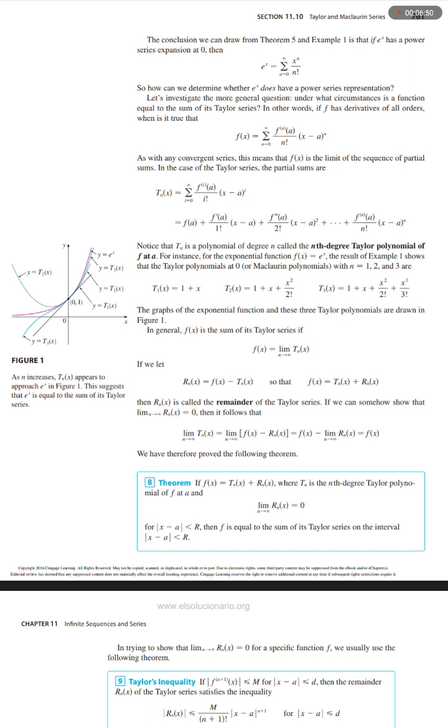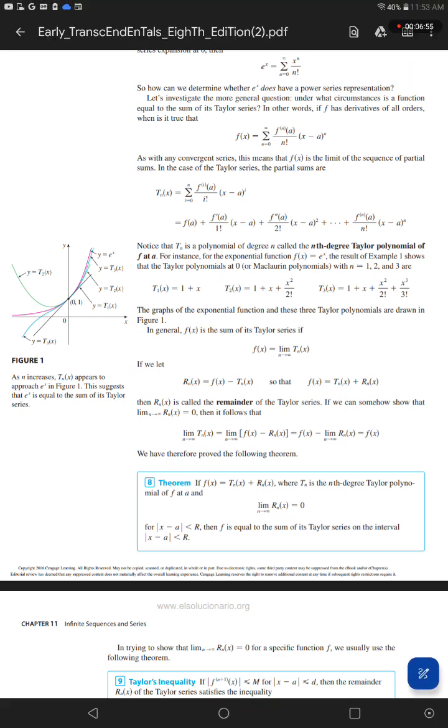If we can somehow show that the limit as n approaches infinity of R_n(x) equals 0, then it follows that the limit of T_n(x) equals the limit of [f(x) minus R_n(x)], which equals f(x) minus the limit of R_n(x), which equals f(x). We have therefore proved the following theorem.